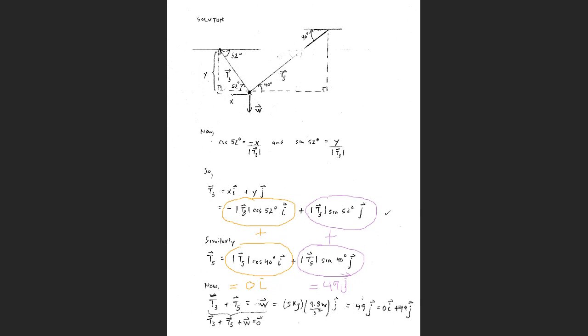The book calls it the length of tension 3 and the length of tension 5. That's fine. So we need to solve for two variables. We need two equations, and we have them.